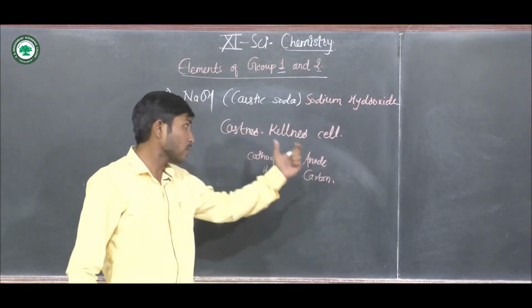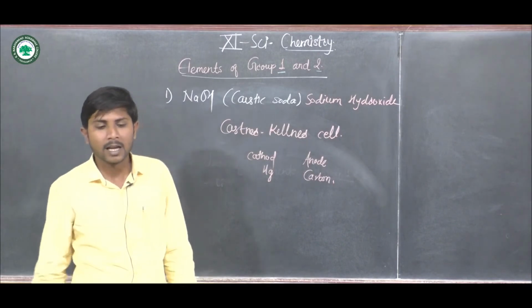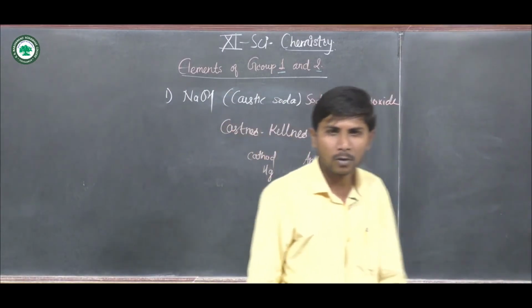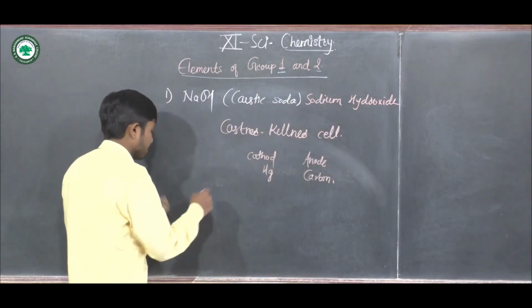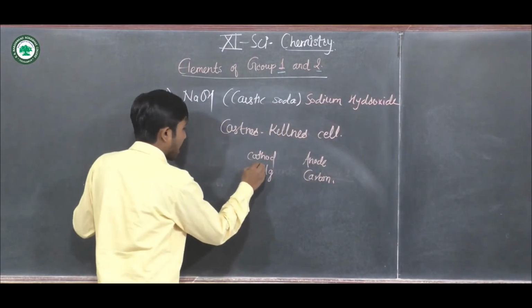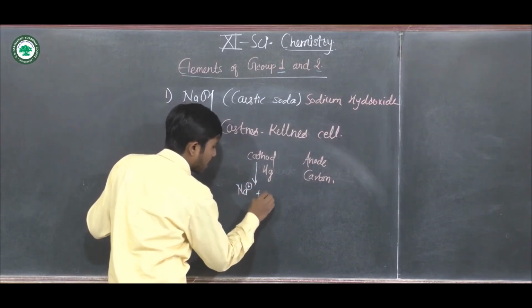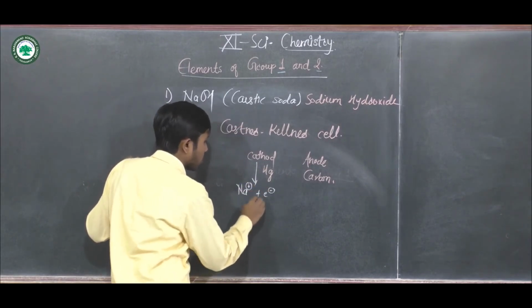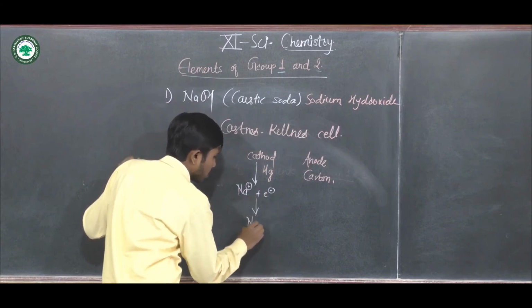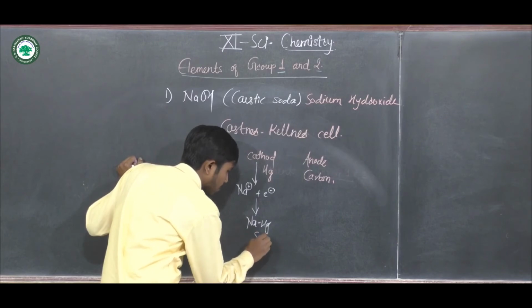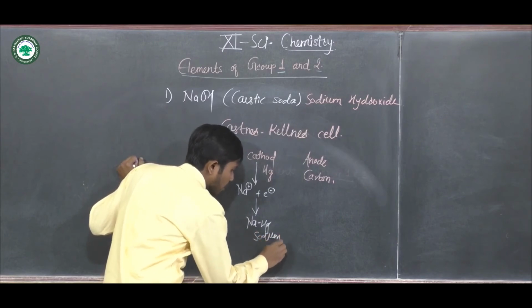At the cathode, the sodium ion gains an electron, forming sodium amalgam.